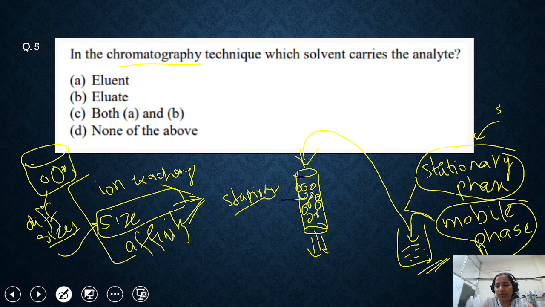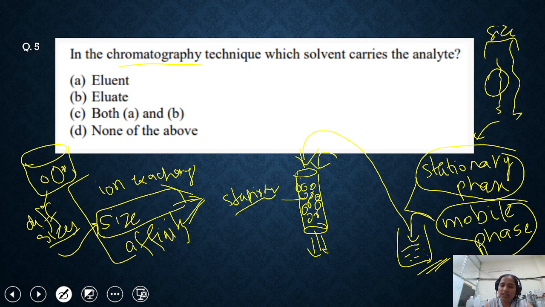In size exclusion, you will have beads of a different type, and the separation occurs depending on whether the solute gets into the beads, so it will pass either through the beads or outside the beads. So it will depend on the size.